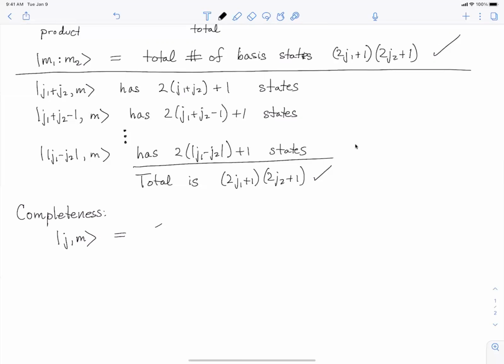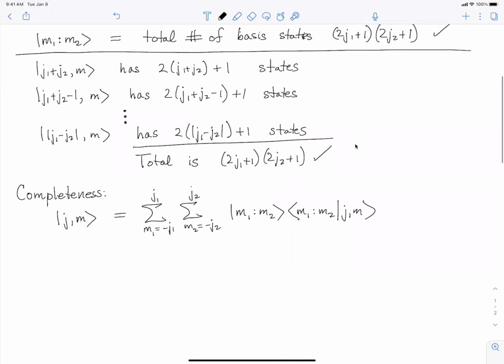So I can do a sum over all possible m1s, which go from minus j1 up to j1, and over all possible m2s, which go from minus j2 up to j2, of the states labeled m1, m2. Those are product basis states with coefficients that are just given by this inner product of m1, m2 with j m.